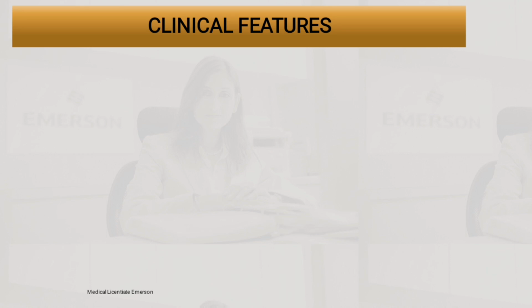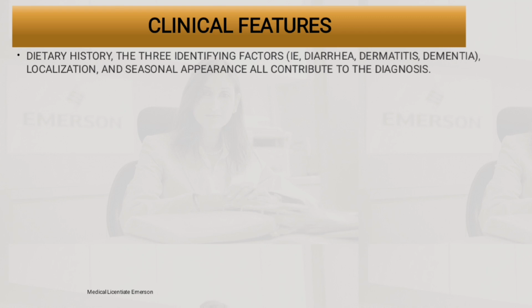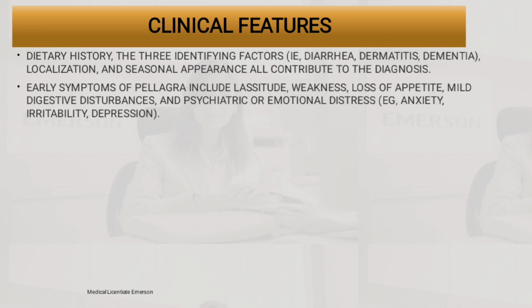Then in terms of clinical features, we have a lot of clinical features. In terms of dietary history, the three identifying factors, that is diarrhea, dermatitis, and dementia, and also localization and seasonal appearance, all contribute to the diagnosis. Early symptoms of pellagra include lassitude, weakness, loss of appetite, mild digestive disturbances, and psychiatric or emotional distress, e.g., anxiety, irritability, and depression.